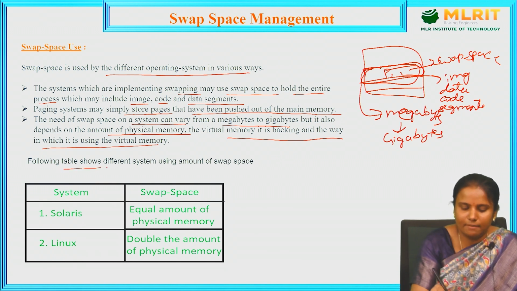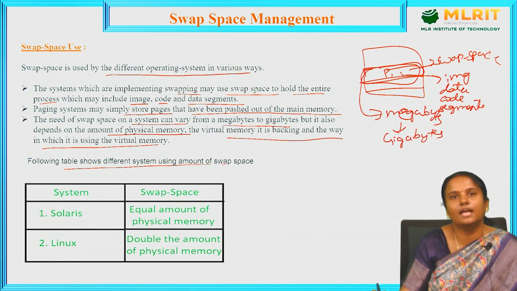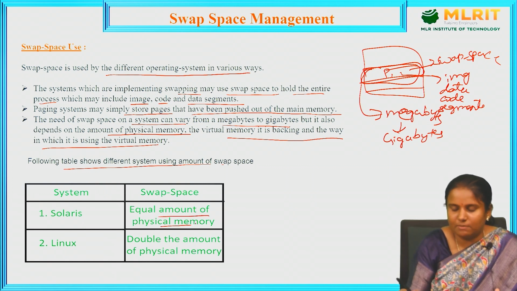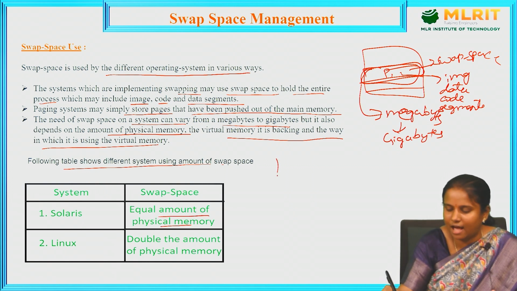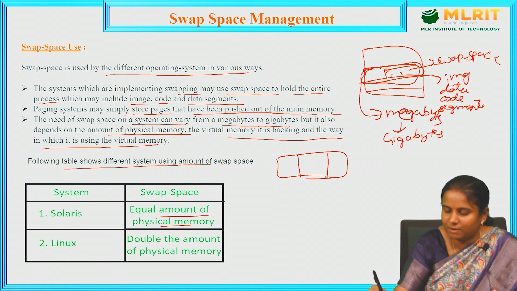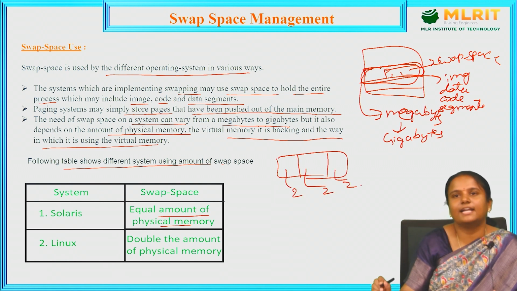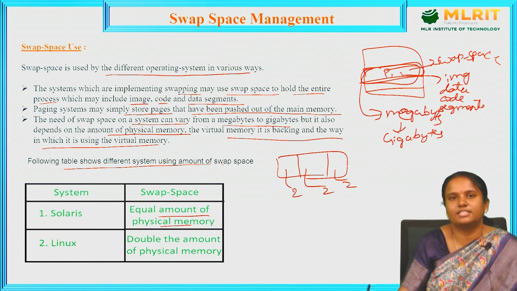The following table shows different systems and the amount of swap space they use. The system, and what about its swap space? The Solaris system uses an equal amount of physical memory.